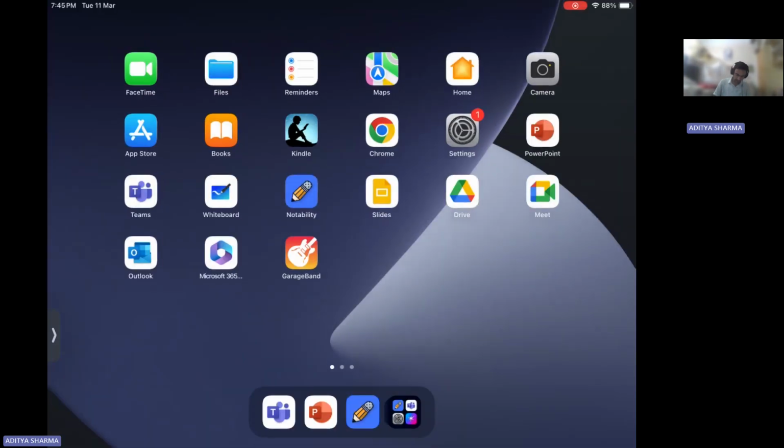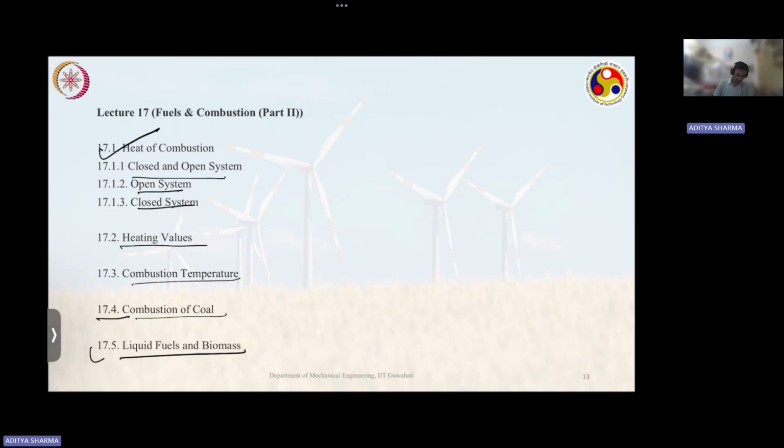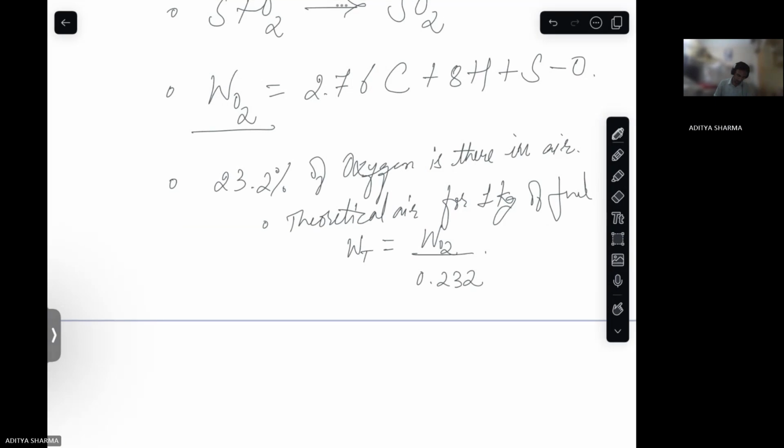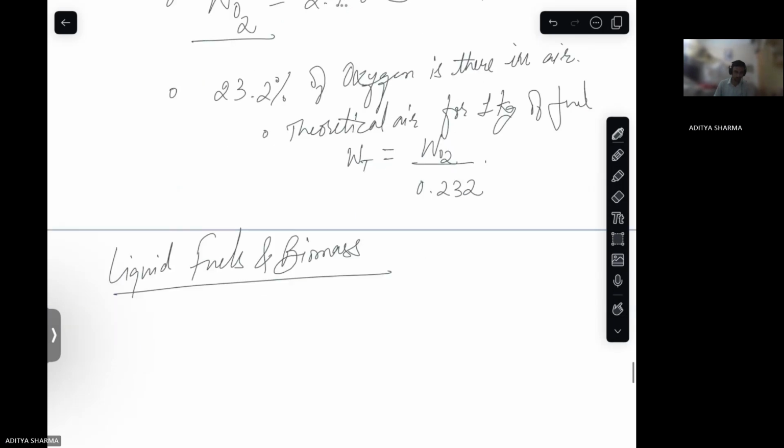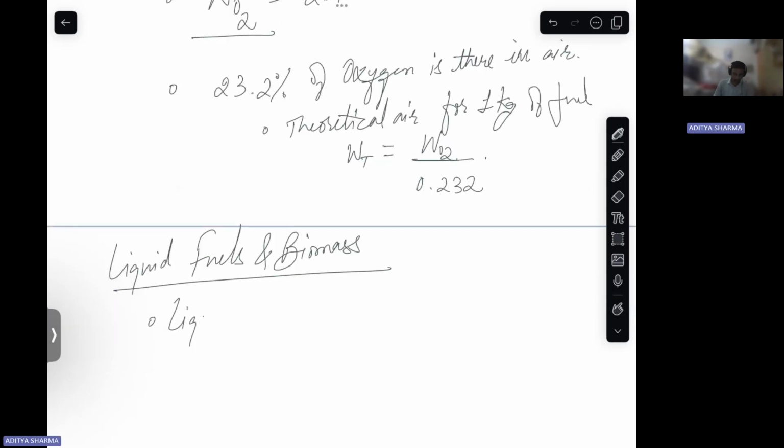Then the last topic is liquid fuels and biomass. Liquid fuels can come from crude oil, right?